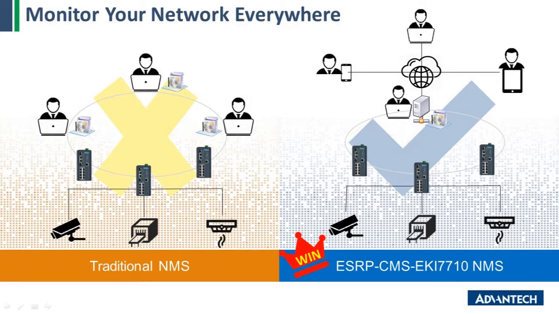Since only one server has access to the network, it barely impacts the network bandwidth. Plus, users can connect back to the MMS server over the internet, so they can monitor their network anywhere rather than staying in the local network. It is much more convenient when the network area is located somewhere hard to reach.